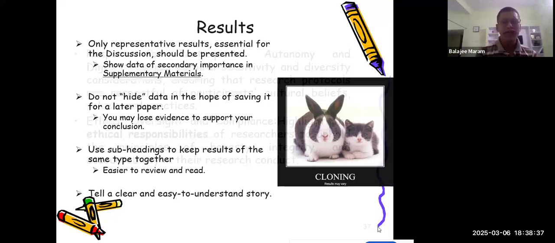Second point, do not hide the data in the hope of saving it for a later paper. Usually in the research world, so many researchers are making one common mistake. Suppose we have done some experimental work, and that experimental work may contain the results of some 20 metrics. Is it okay?